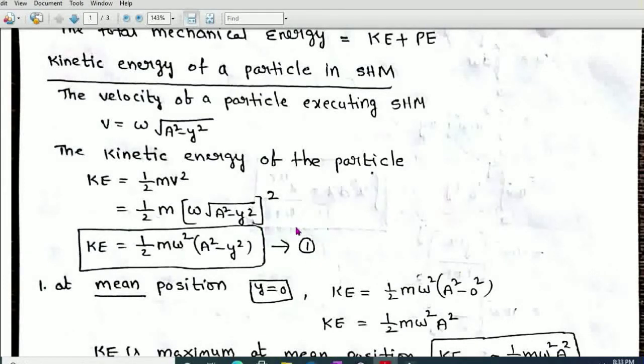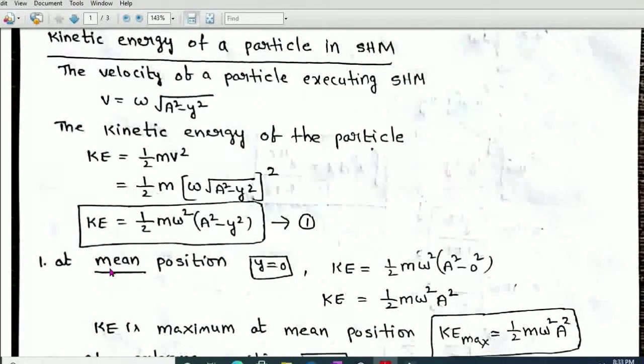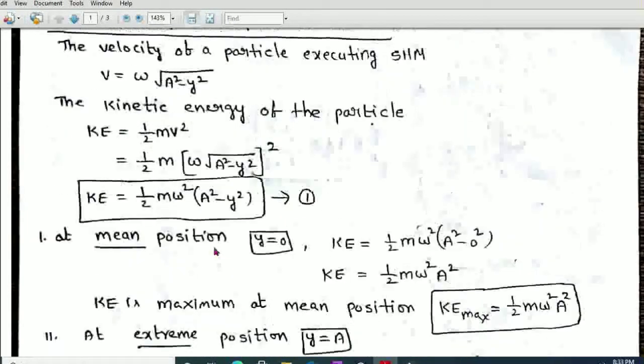Now let us find the value of kinetic energy at the mean position and at the extreme position. At the mean position the displacement is 0, because generally we measure the distance from the mean position.